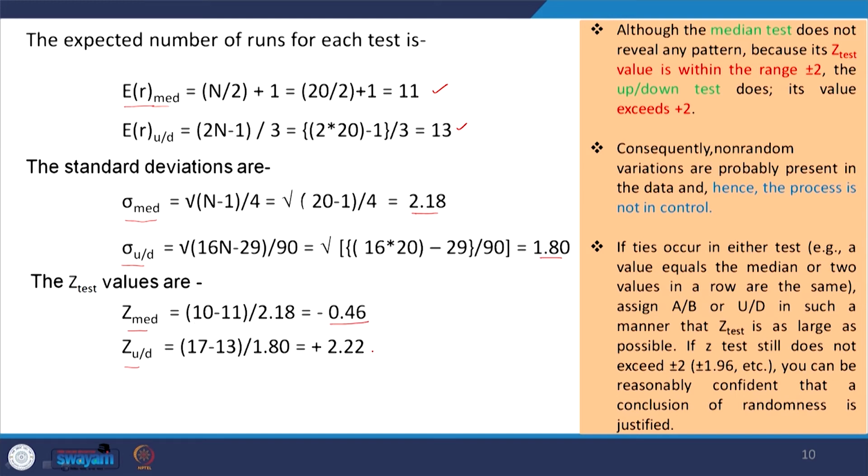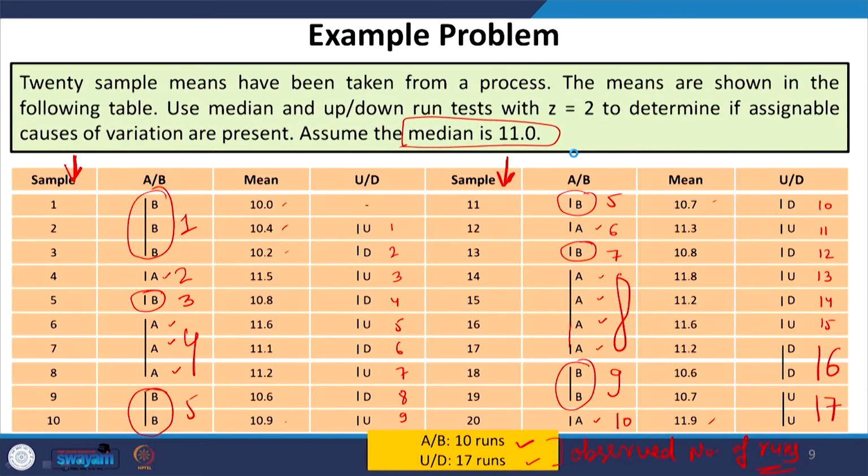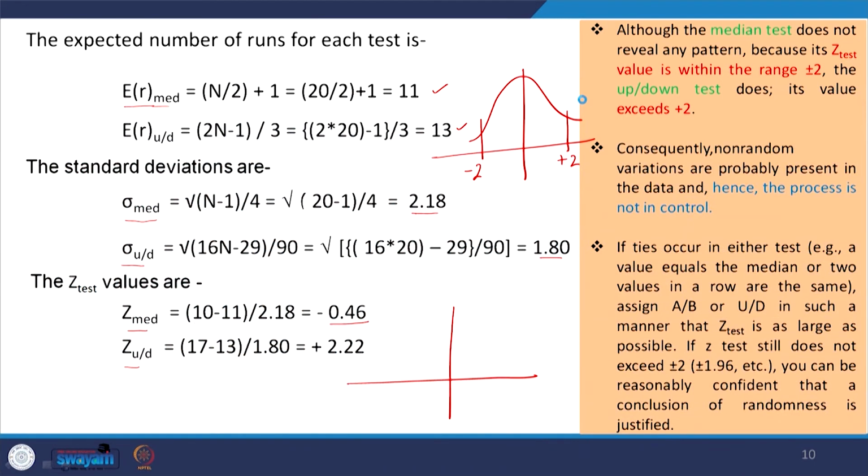Now, let us see the plotting of these Z values on our x axis, and we need to have two curves here. Because our values should be within plus minus 2, the question says that Z value should be plus minus 2, and here we have two curves of Z plus minus 2.